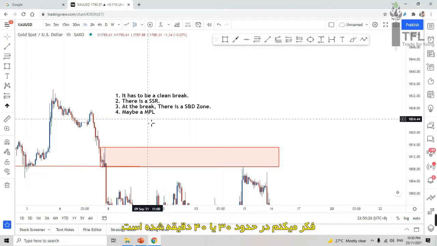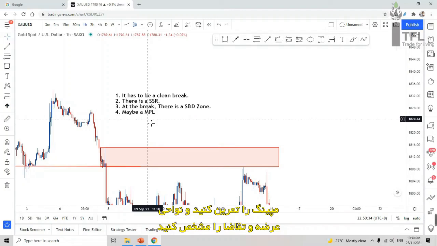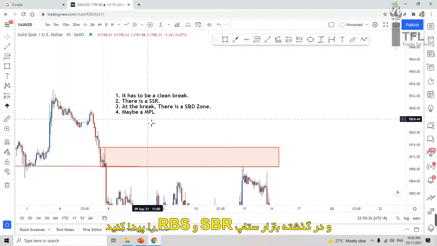I believe it's over 30 to 40 minutes. So you have to know one thing: go back, test, do your mapping, know how to define your supply and demand, and of course, go back and find this kind of setup, the SBR RBS. It always happens and it is very, very profitable. I can tell you the hit rate is very, very high.